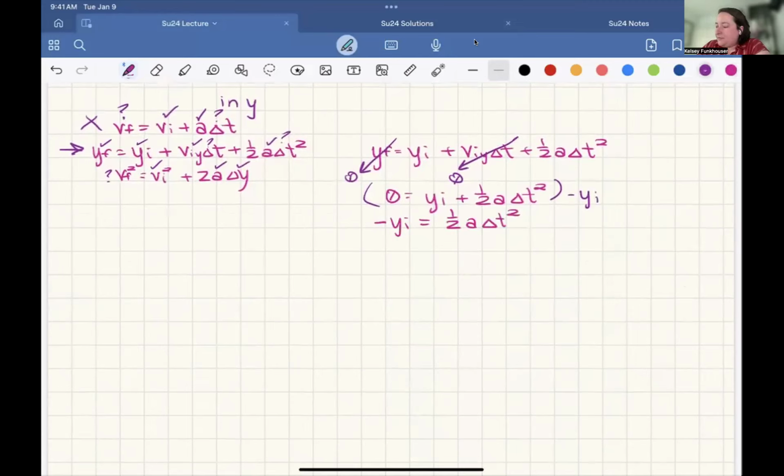And then we're going to divide by 1/2 the acceleration on both sides. That gives us negative Y initial over 1/2 acceleration equals delta T squared. And then we're just going to take the square root of both sides.